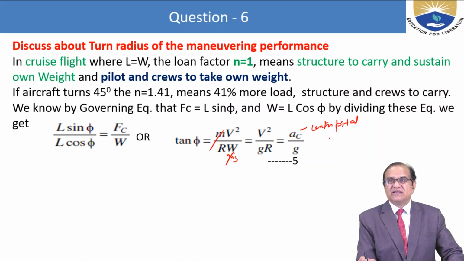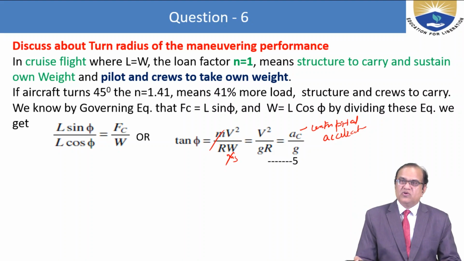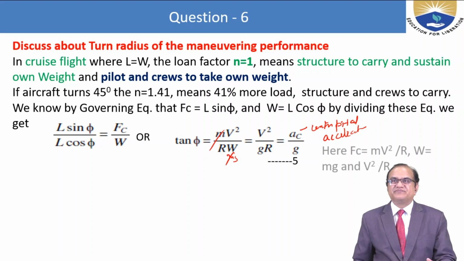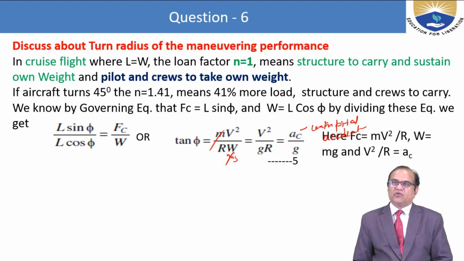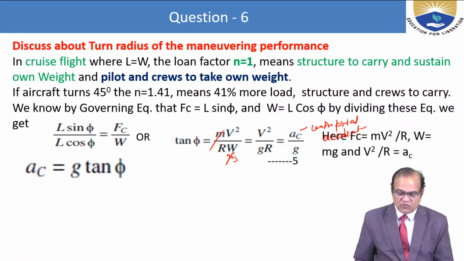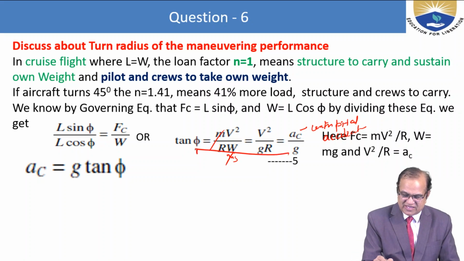So tan phi is equal to centripetal acceleration AC divided by the gravitational acceleration g. Here Fc is equal to mv square by R, W is equal to mg, and v square by R is equal to AC. Now AC is equal to g tan phi.